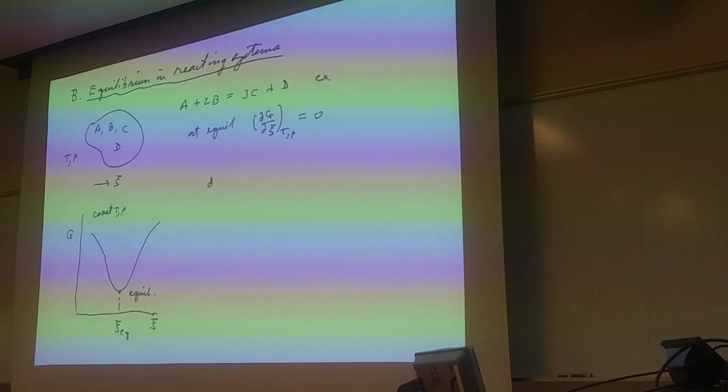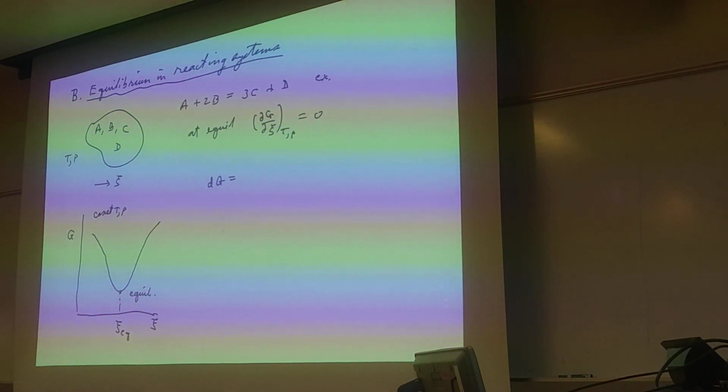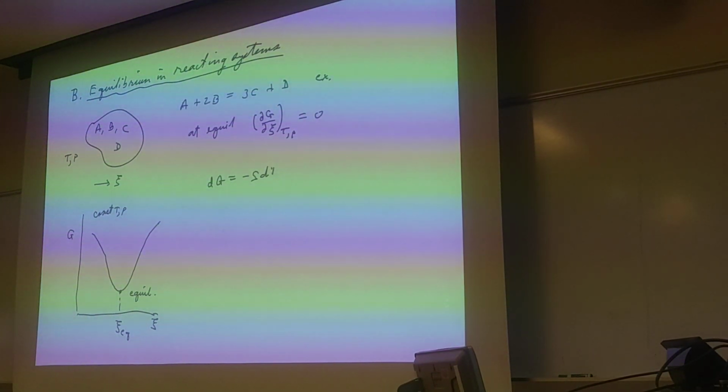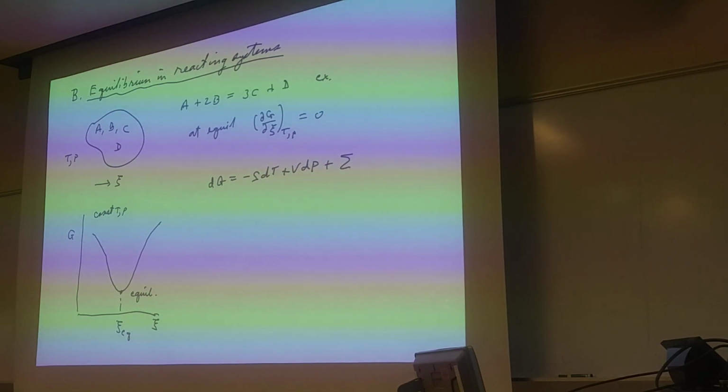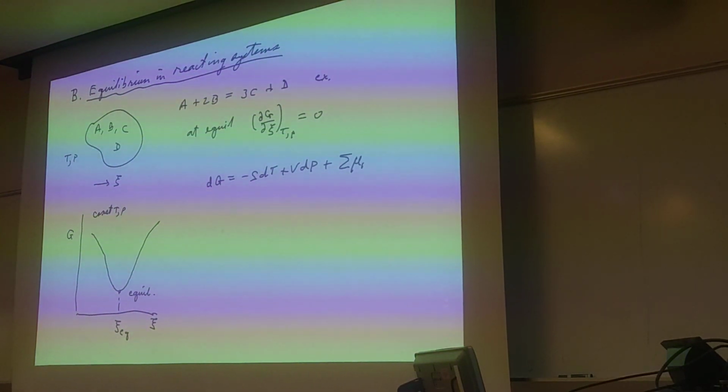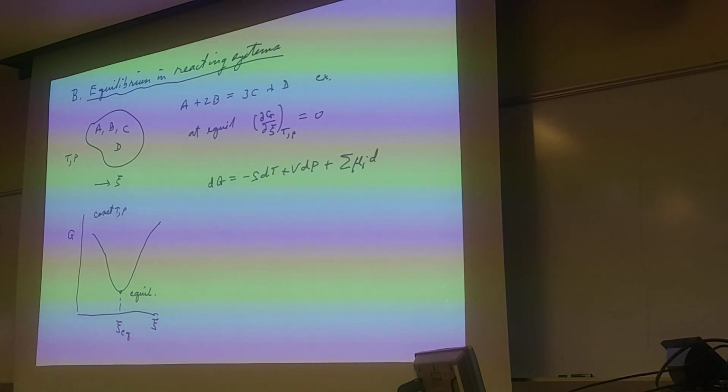Recall that for an open system, we've got dG equal to minus S dT plus V dP plus a summation of partial molar Gibbs free energies times the changes in mole numbers.